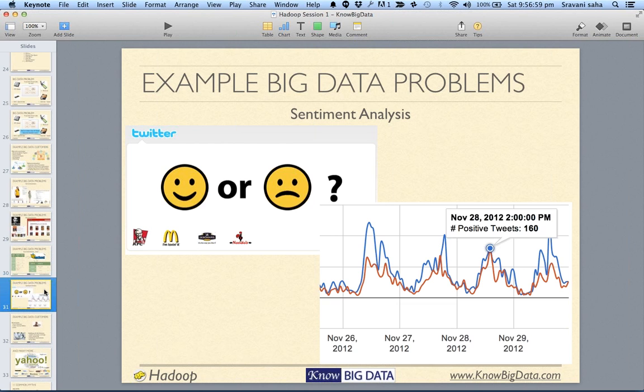You are a political leader who wants to see how your last speech impacted people. You made some statement in public about a few things, and then you hooked to Twitter, went through each tweet, and understood whether people talked about you negatively or positively. Then you accumulated all of it and plotted a graph over a period of time, saying people talked about me very nicely on the first day, then very badly, then there were so many negative comments, so many positive, and so on.